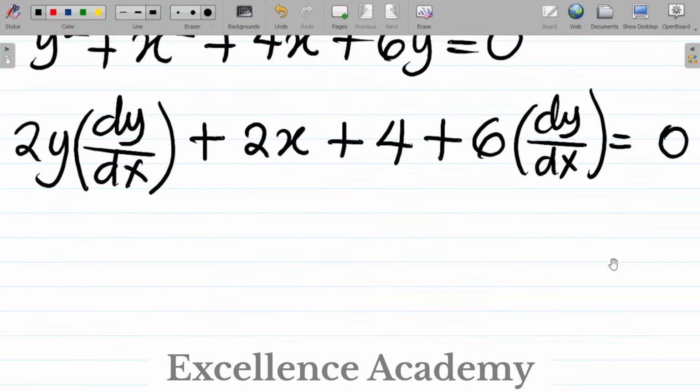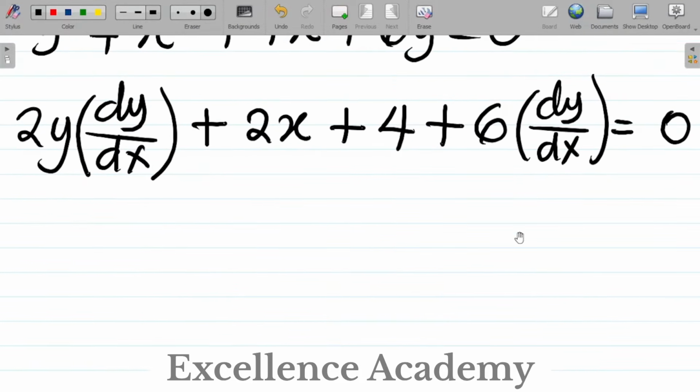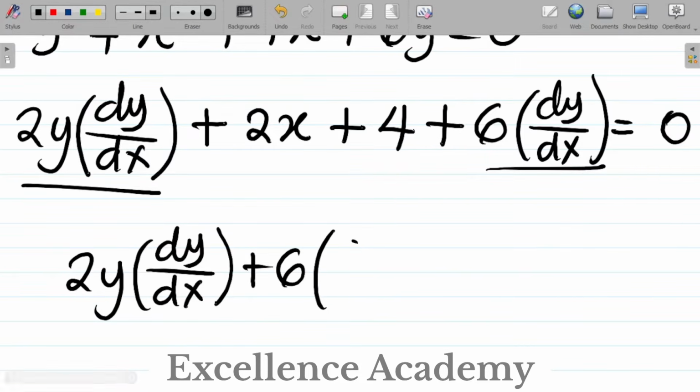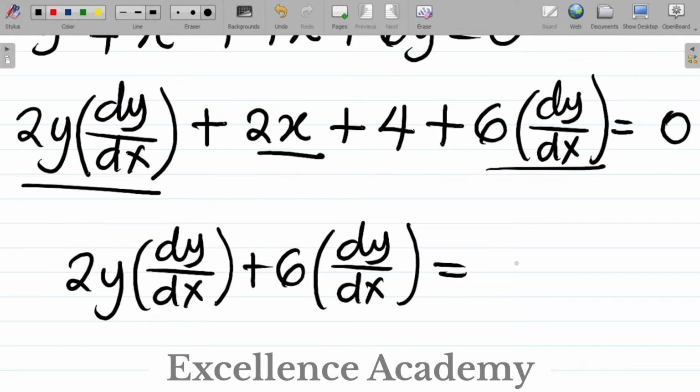We want to take all the terms having dy dx and leave them on the left hand side. So you have 2y into dy dx, and then plus 6 into dy dx is equal to, move this over to the other side, so it becomes minus 2x, move this also over to the right hand side, becomes minus 4.